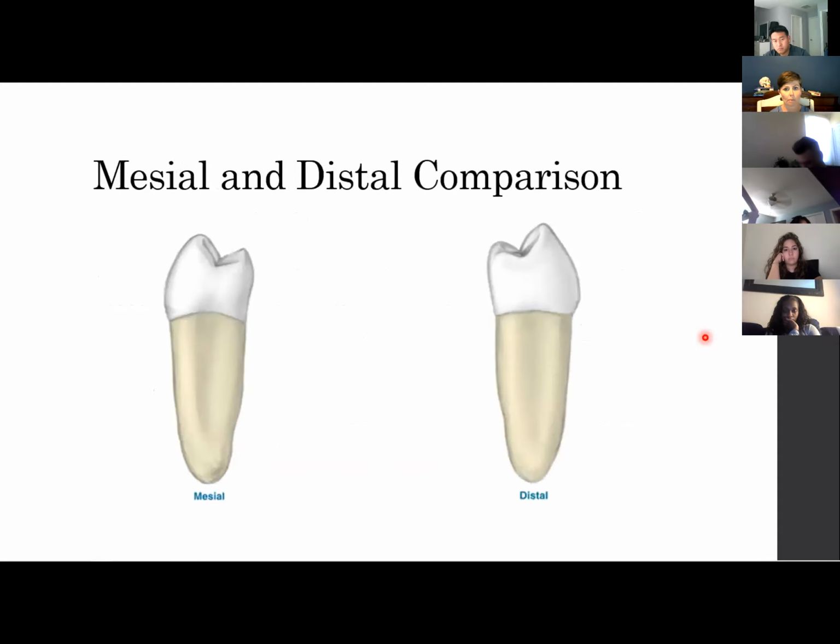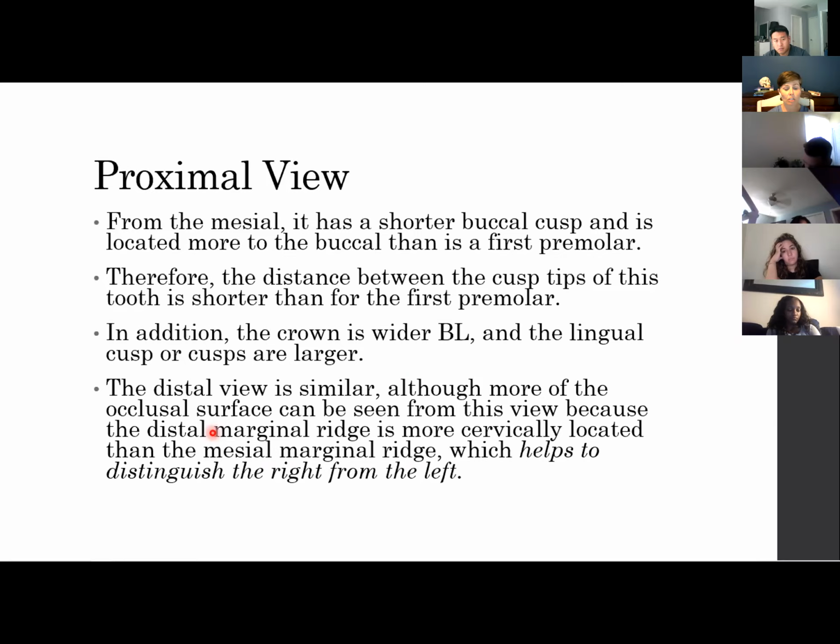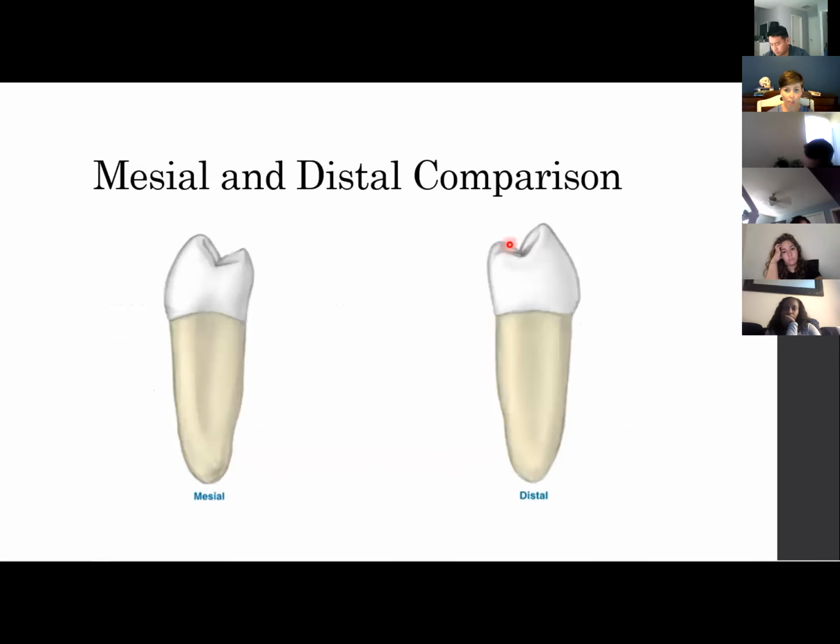And we're gonna look at pictures here. So more of the occlusal surface can be seen because the distal marginal ridge is more cervical than the mesial marginal ridge.